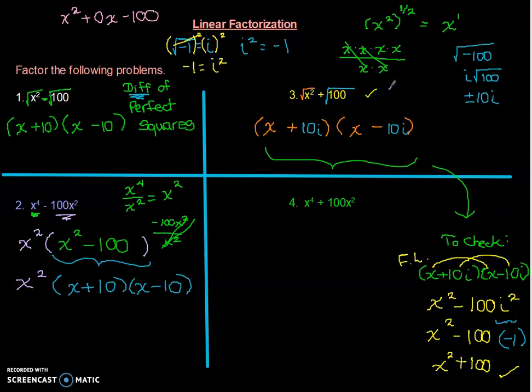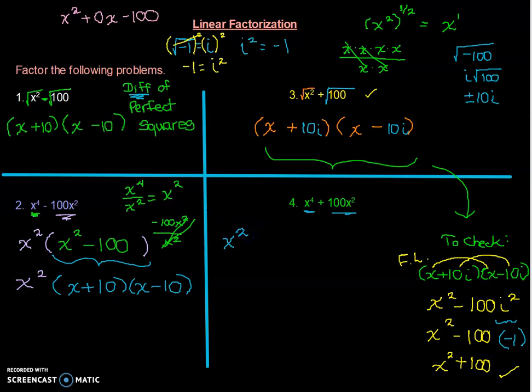So what happens when it's not a difference of squares or perfect squares? When it's a sum of perfect squares, you're going to have imaginary numbers for your second perfect square. Reiterating this again, just make sure you look for the GCF in case there is any. We have x squared as the GCF for these two terms again.